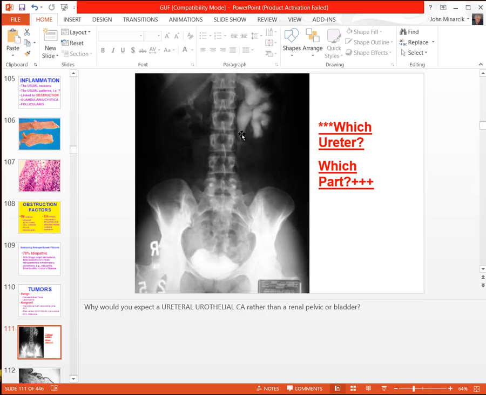Well, the obstruction is where the big bolus of urine stops. So if this was, for example, a left kidney, the obstruction here would probably be in the upper half of the left ureter. It's strictly a gravity type of question, okay?